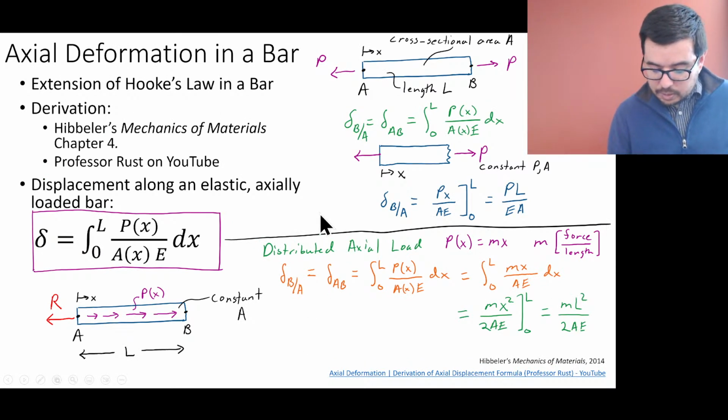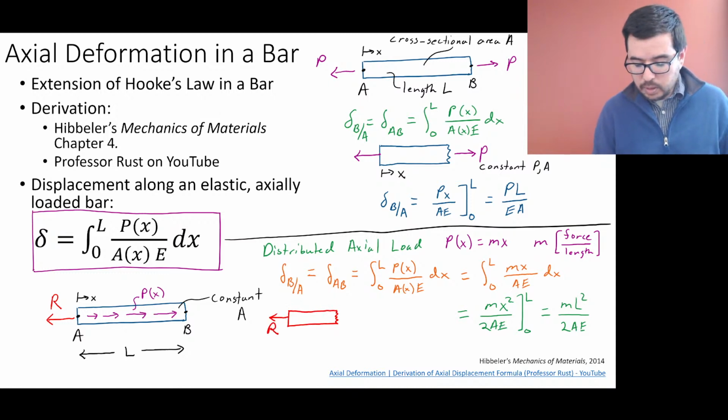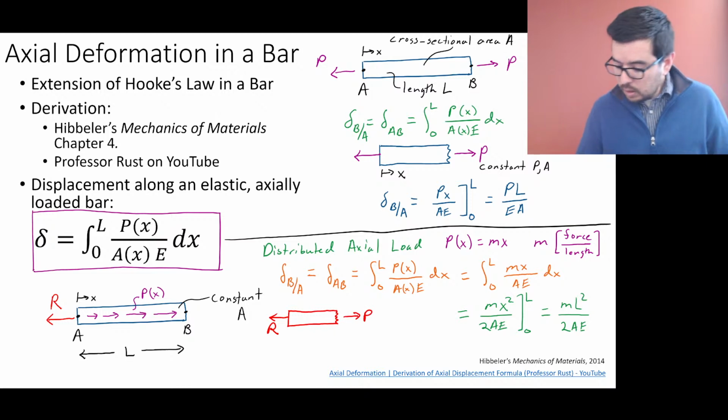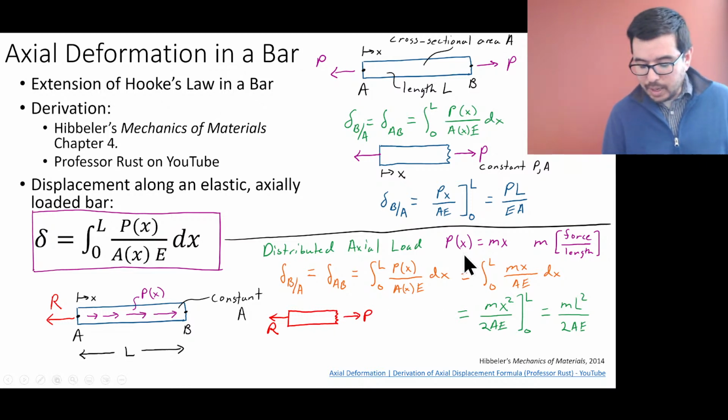When we take a cut, we still have this R over here, but we're going to have some internal P. This is the same P that you have here, and this is varying as a function of x.